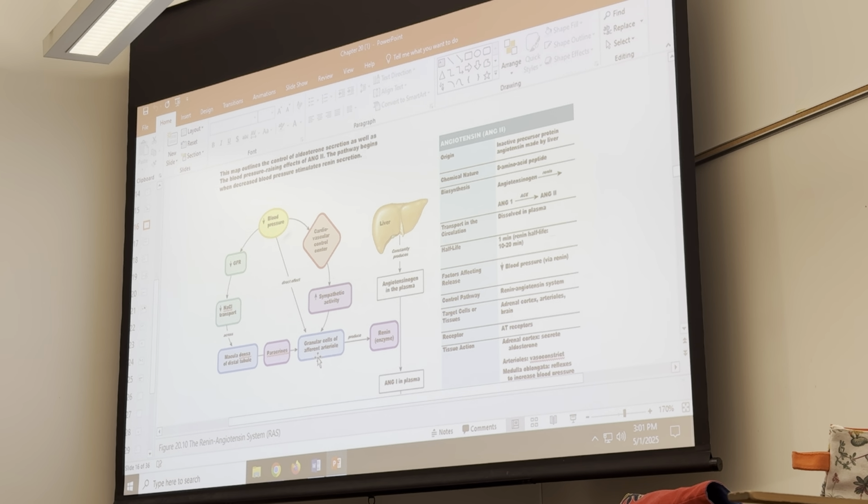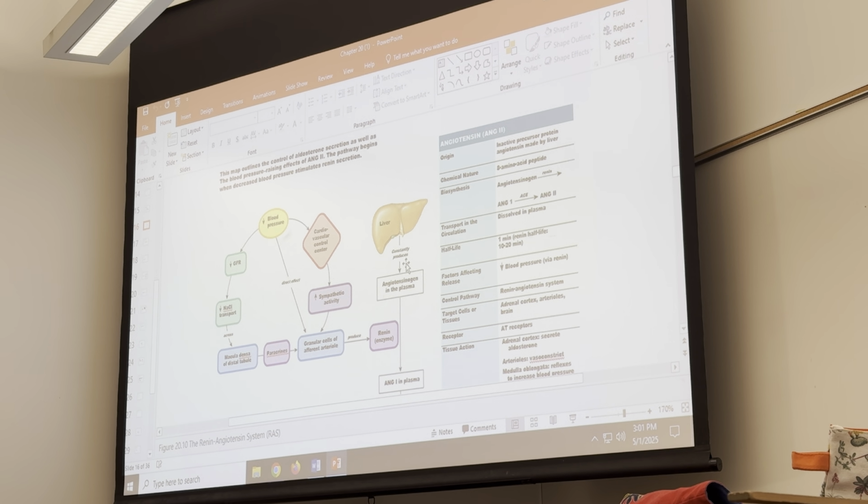So the macula densa is stuck up against the granular cells, right? And besides this paracrine stimulation, granular cells will also produce something called renin. I said we're going to mention that a little later because renin gets into circulation. And why is renin important?